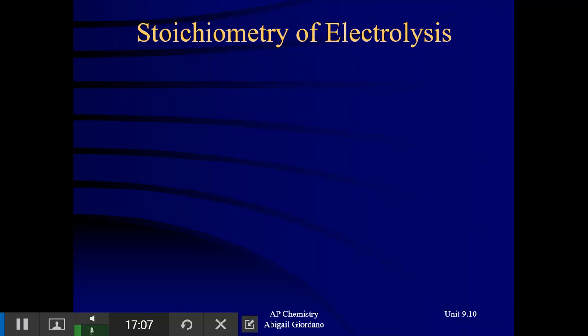Now, the final thing that you might be asked to calculate is what's called the stoichiometry of electrolysis. Let me remind you again, electrolysis is a process that is very often used for something called electroplating.